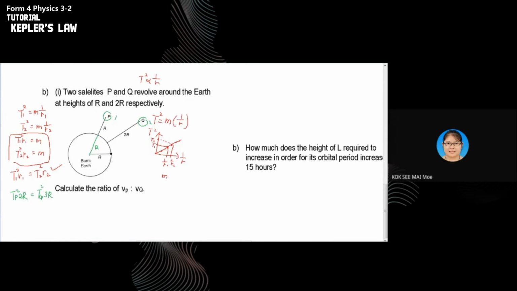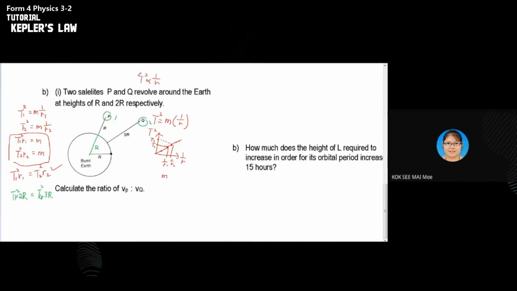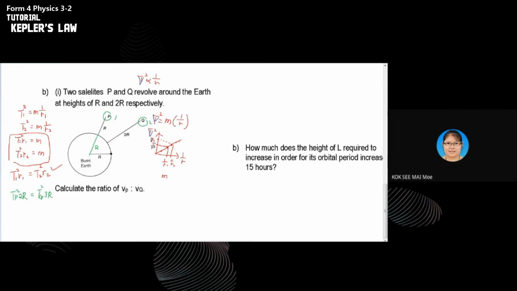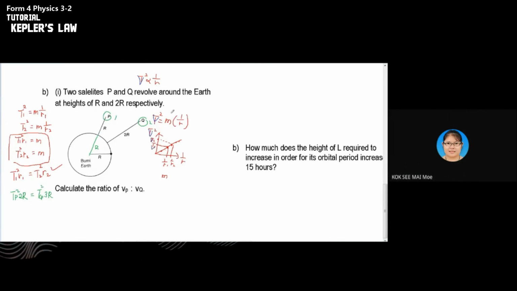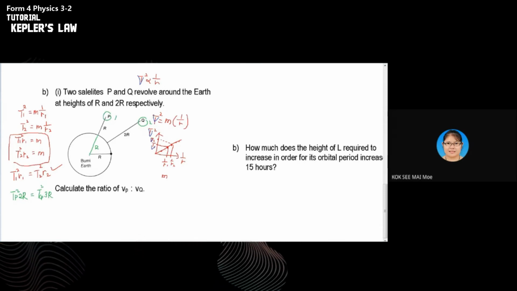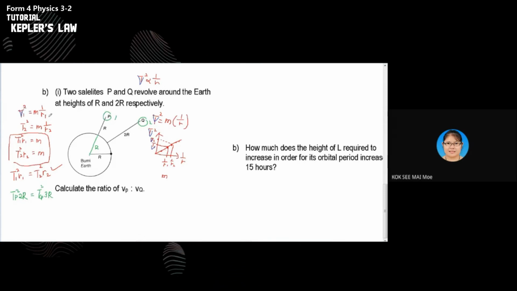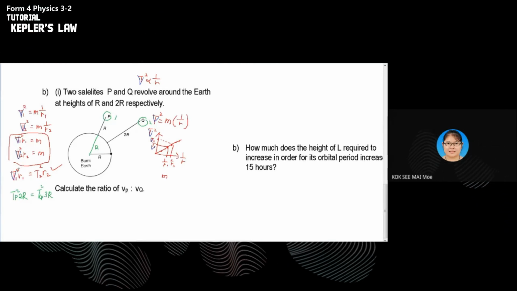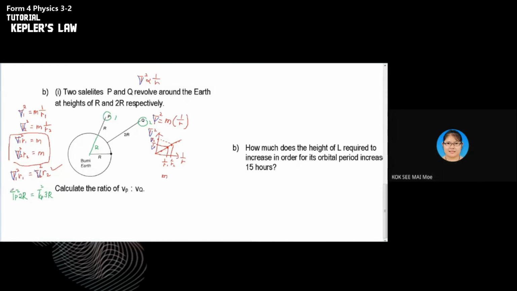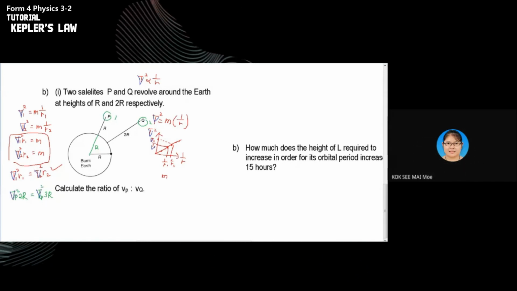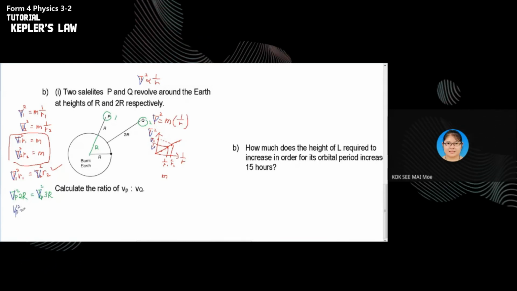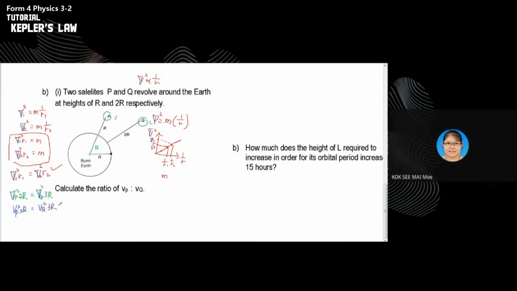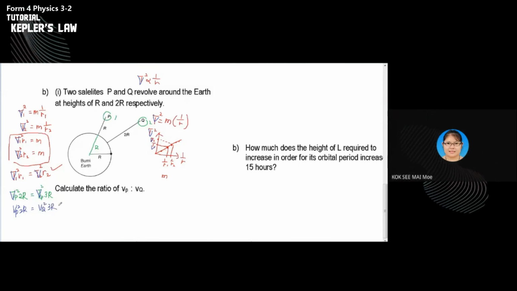So yes, I started wrongly. It's V, not T. All of it is V, because the question we proved just now is V square proportional to 1 over R. So just change it to V. V and R. So I write here VP square 2R equals VQ square 3R. No T, it's V.